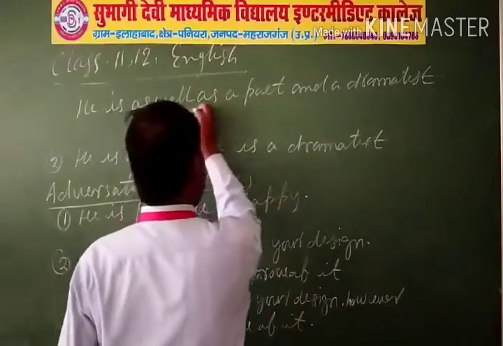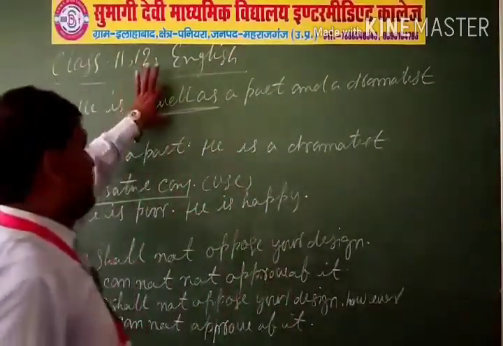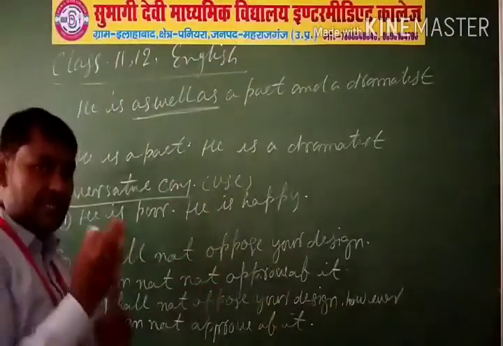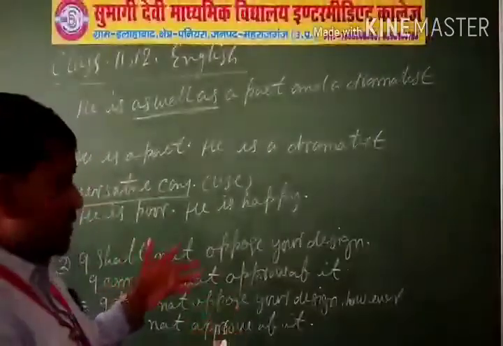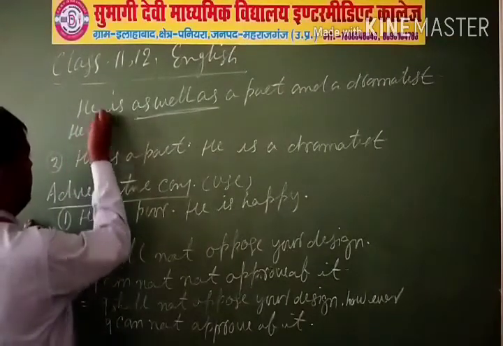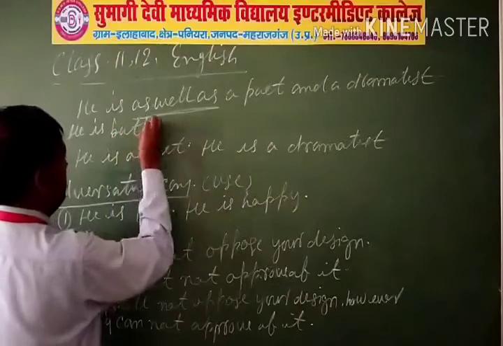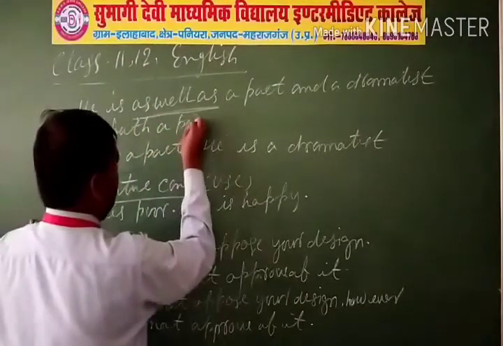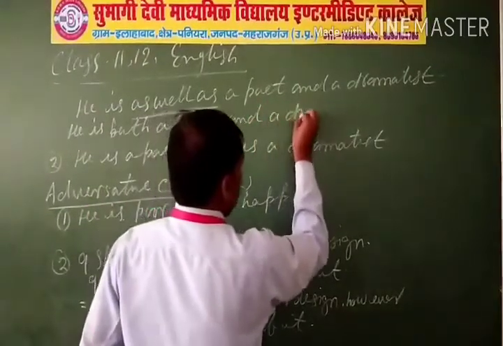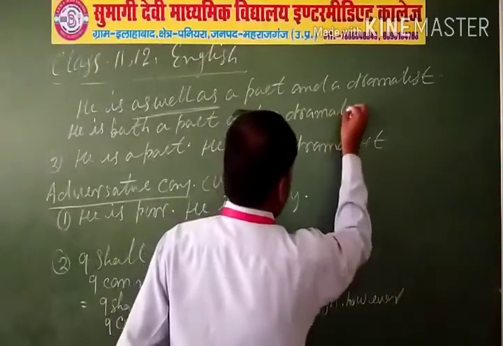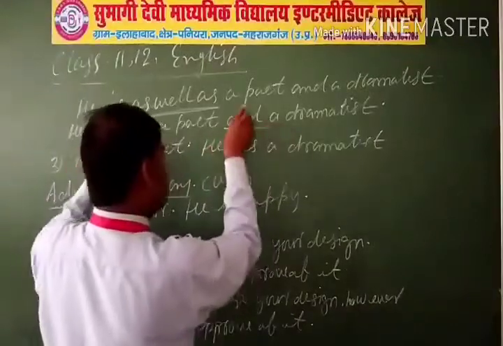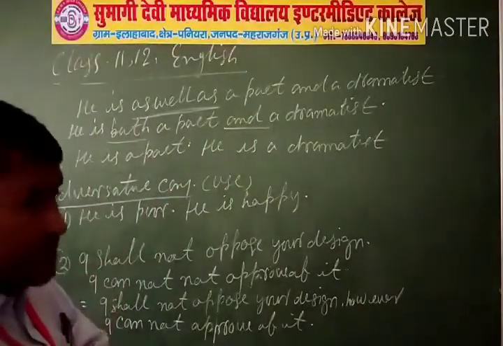Here, as well as is a cumulative conjunction, and you can also add these sentences into one compound sentence by other cumulative words. He is both a poet and a dramatist. Both and are cumulative conjunction words.